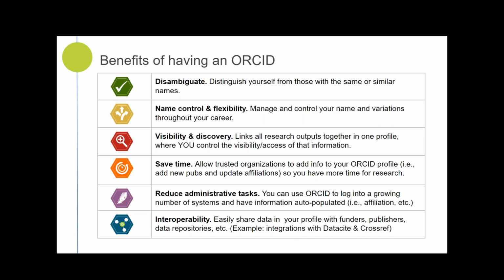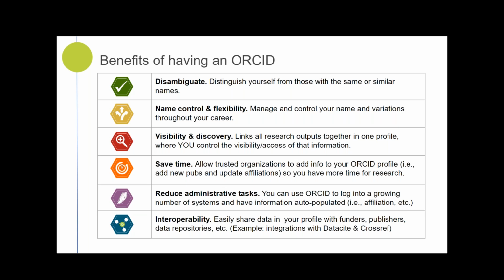But the key things to take away from this are, if you have an ORCID, obviously the biggest benefit is to disambiguate you and your works from someone with a similar name. ORCID does provide name control and flexibility for you. So over time, you can control how your name is perceived or searched across all of your research products, especially if there's a name variation.